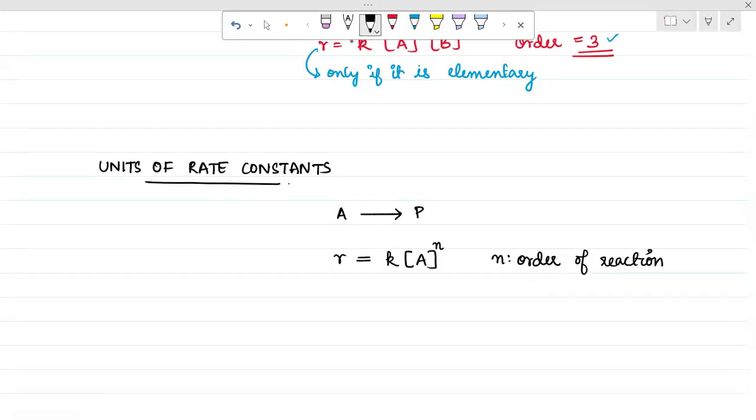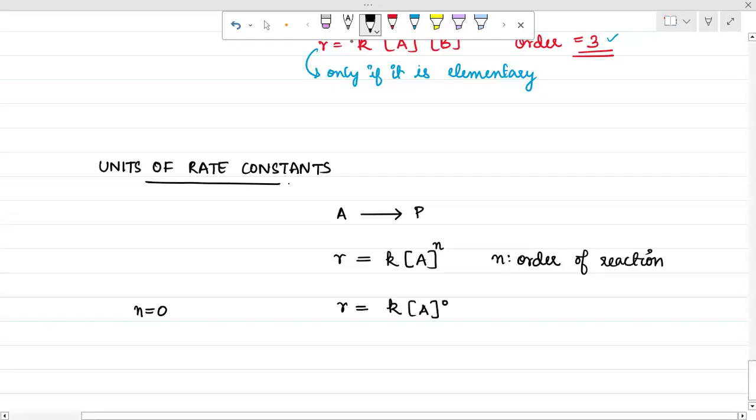Now let's take case by case. Let's say that N is equal to 0, which means it is a zero order reaction. So if N is equal to 0, our expression will be R is equal to K A to the power 0, and any number raised to 0 is 1.